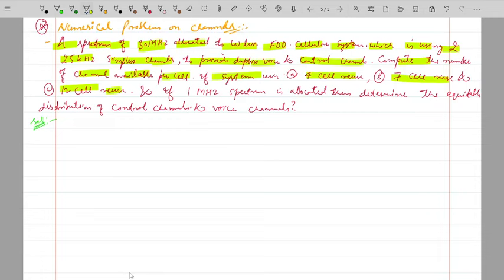And one thing more: if 1 megahertz spectrum is allocated, then we need to find out the equitable distribution of the control channels and voice channels. So we also find these channels for 30 megahertz spectrum and also for 1 megahertz spectrum.